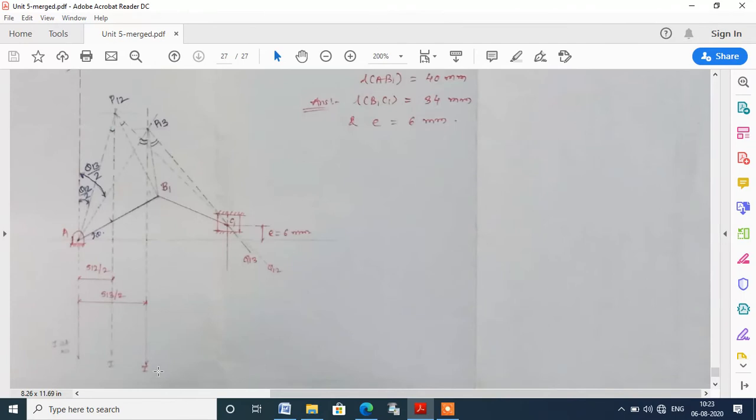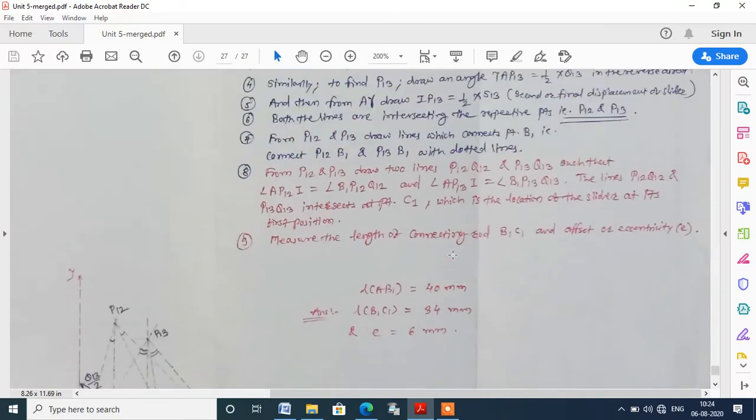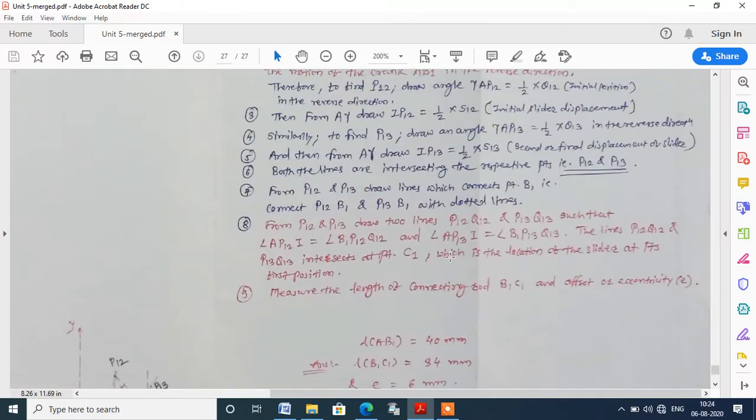Then draw a parallel line parallel to AY. This parallel line and the angular line meet at point P13. Mark that point as P13.